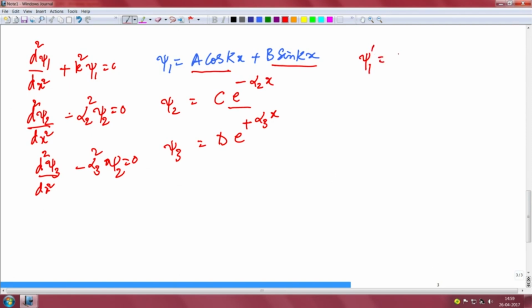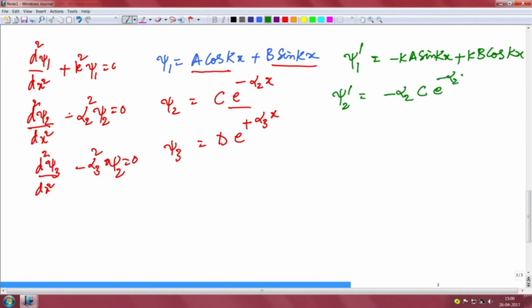Psi dash can be given as minus kA sin kx. I will use some other color. Psi 1 dash is minus kA sin kx plus kB cos kx, and the derivative of psi 2 is minus alpha 2 C e power minus alpha 2 x.